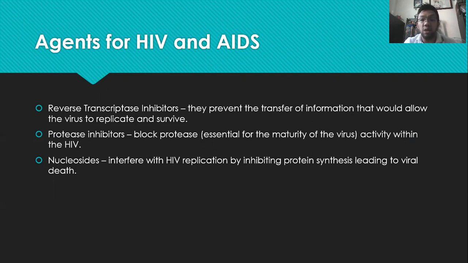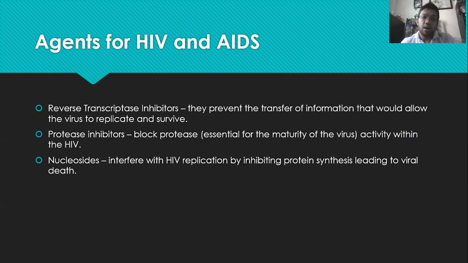We also have nucleosides, which interfere with HIV replication by inhibiting protein synthesis, leading to viral death. So these drugs for HIV will help prevent the multiplication or reproduction of the virus.